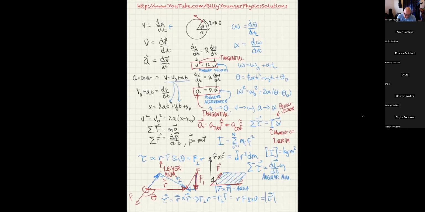Maybe this will help you. What you're thinking about is comparing this equation right here to this equation right here. Actually, I don't like that. I'm going to use a different color. Let's use red.